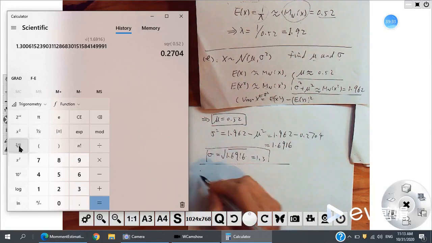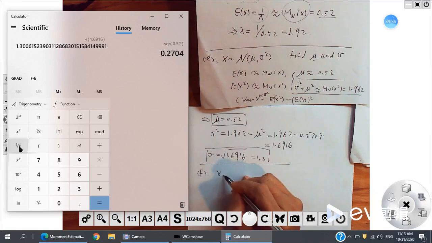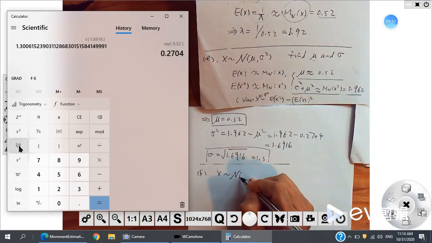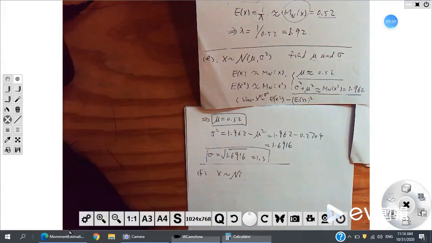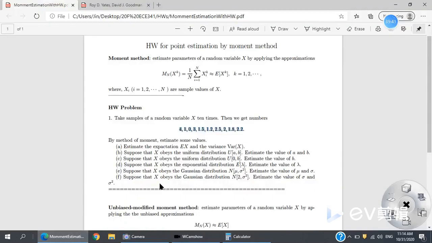And then problem F will be similar. X is now a normal distribution, but what is the problem? Suppose mu is given. Do I need the same mu? Okay, I can use the same mu. Suppose we already know mu.